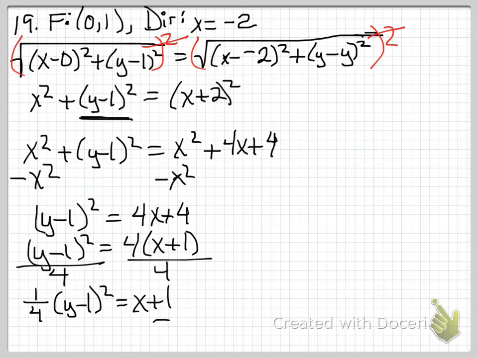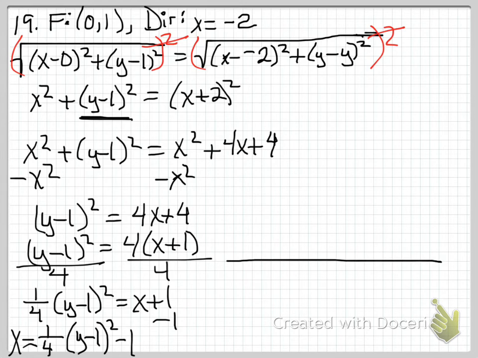Now, I want to move that 1 over to the other side, so I'm going to subtract 1 from both sides, and I end up with 1/4 y minus 1 squared minus 1. And I didn't write that minus 1 on the other side, but you get the point.